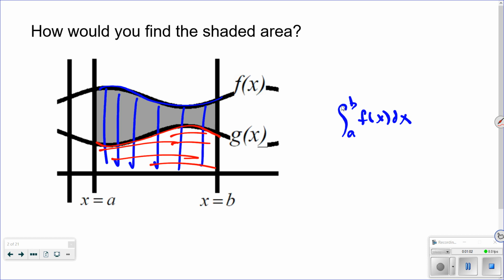If I subtracted off that area, so minus the integral from a to b of g of x, what would I be left with? Well, I'd be left with this area right up here, and that's what we're looking for. So really simple: when we try to find the area between two curves, all we do is take the upper function f of x, take the definite integral to find the area, minus the bottom function g of x. And when you subtract them, you end up with the area that's left over.